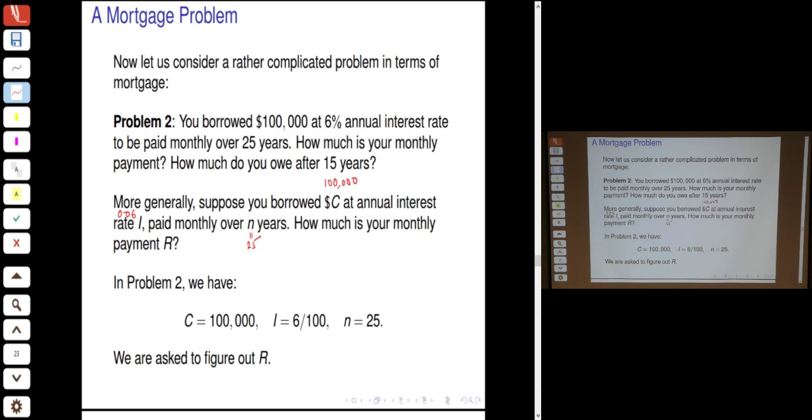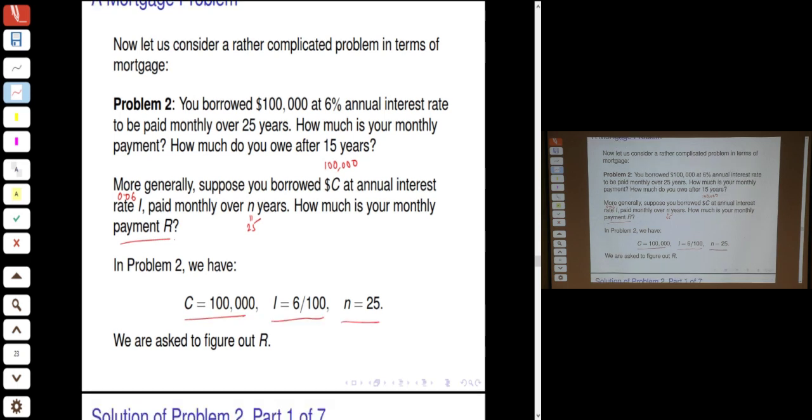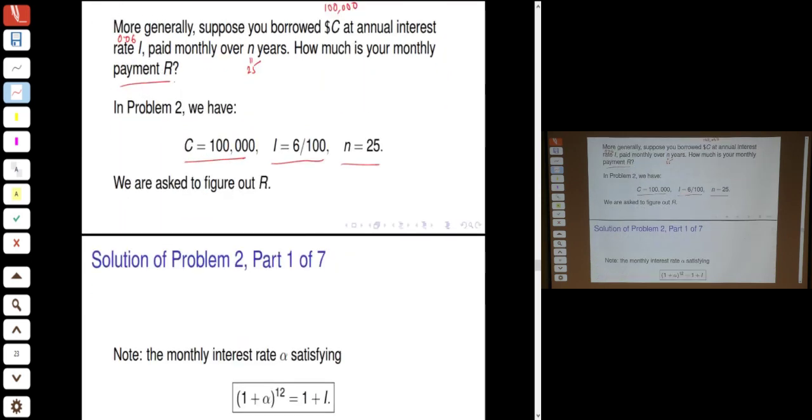You are interested in finding the monthly payment R. In this problem, C is 100,000, I is 6 over 100 or 0.06, and n is 25. We are asked to figure out R.